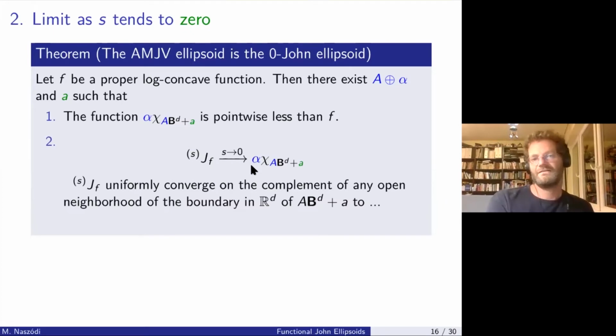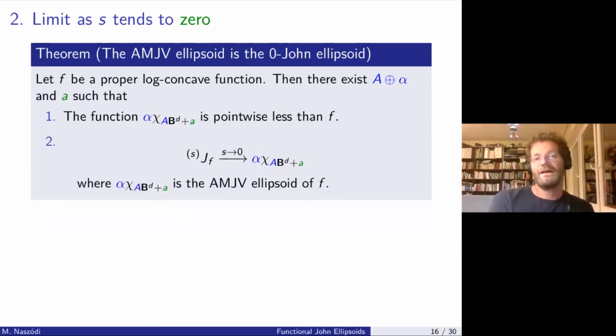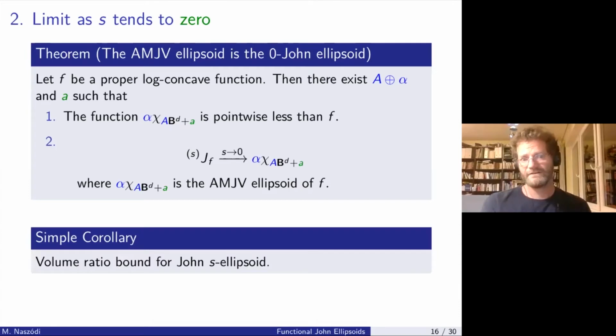When I say tend to, it means that they uniformly converge on the complement of any open neighborhood. So in some sense it's a very strong convergence property. And this is exactly the AMJV ellipsoid, so it will coincide with what they define.